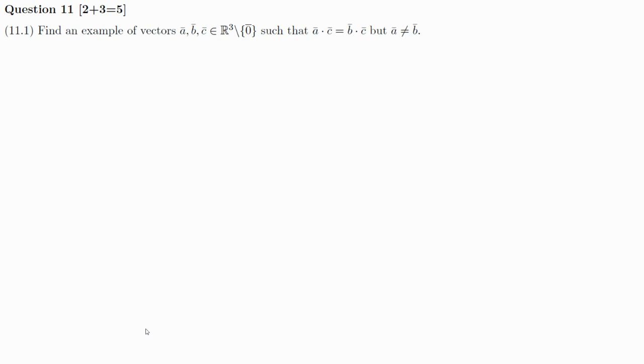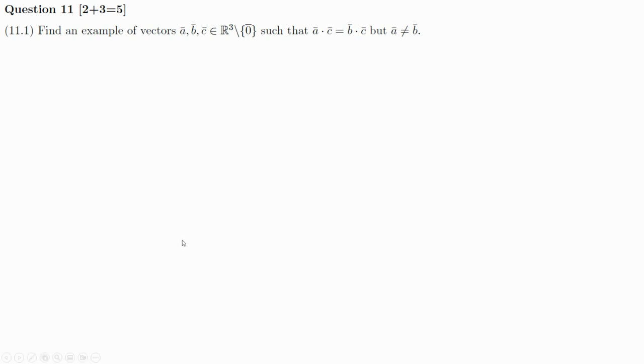So for 11, there are only 2 questions left, question 11.1 and 11.2. Find an example of vectors a, b, c, elements of R, such that a dot c is equal to b dot c, but a is not equal to b. So both of them should be multiplied with c and give the same answer, but they should not be the same.